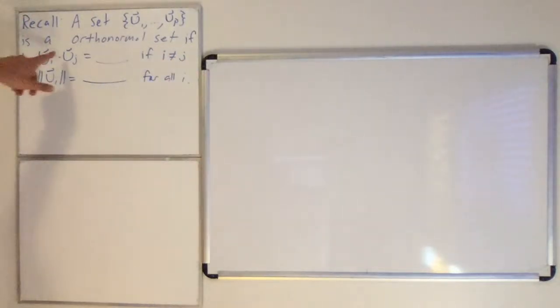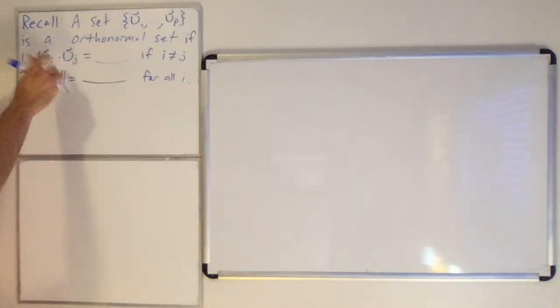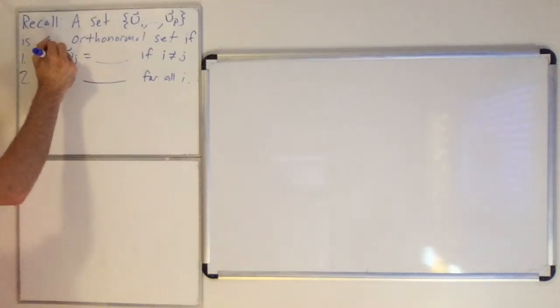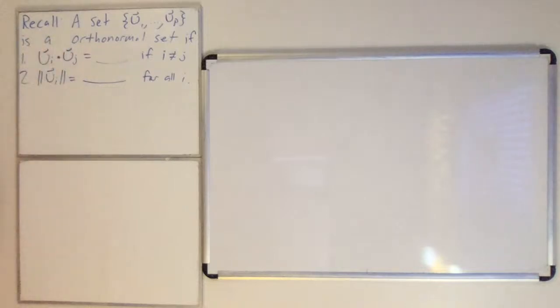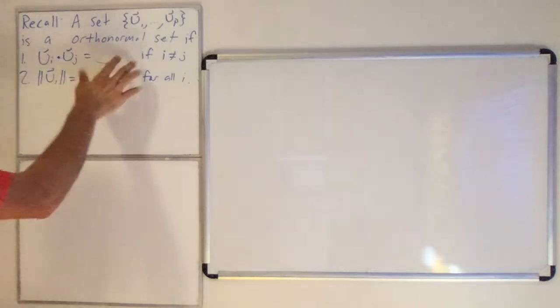So what was the condition for a set? If a set was orthonormal, if you took the dot product of two vectors, what should you end up with? Fill in these blanks.